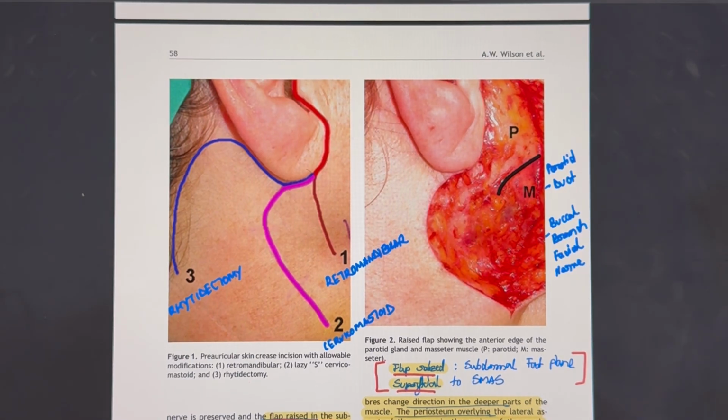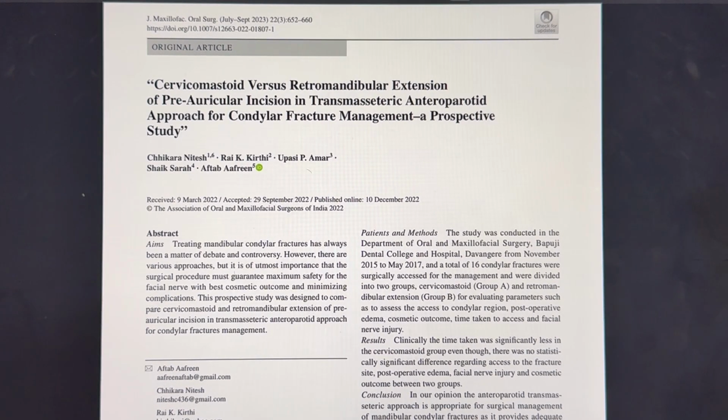Here the masseter muscle is transected in the direction parallel to its fibers, taking care of the parotid duct and also the buccal branch of the facial nerve, which is retracted, and finally you incise the muscle and you reach the periosteum, which is incised to reach the fracture site.